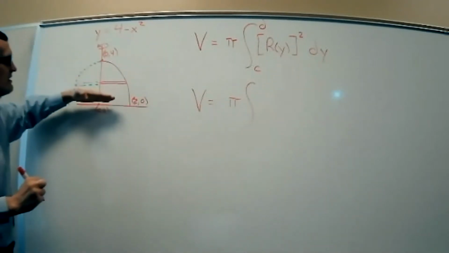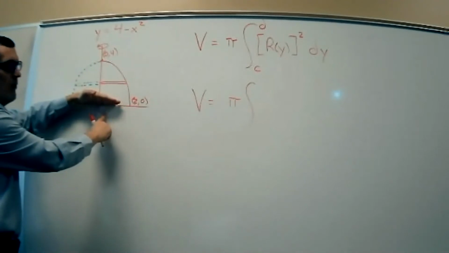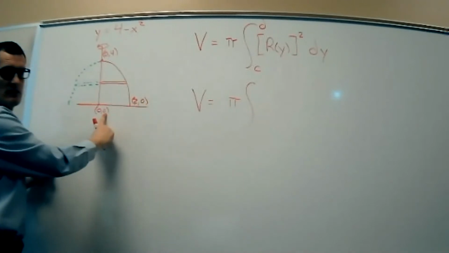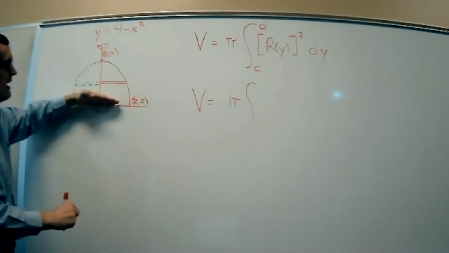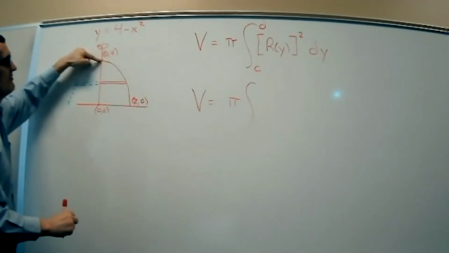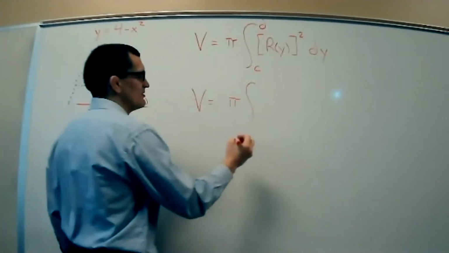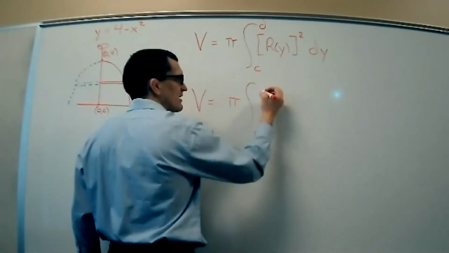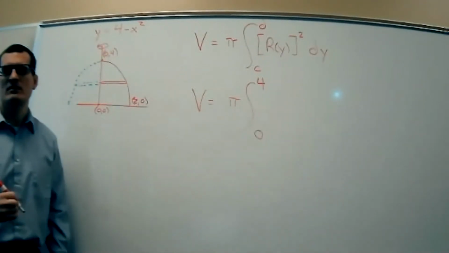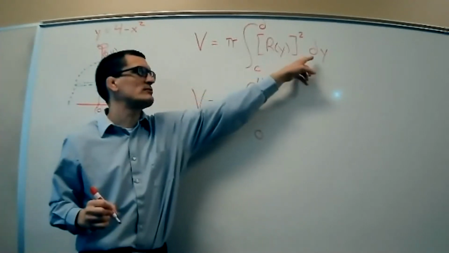As my rectangles go, we're going to start down here at the y value of 0, and we're going to move up until we hit the y value of 4. So we're going to be integrating from the y value of 0 to the y value of 4. Again, I have to use y values because we're integrating with respect to y.